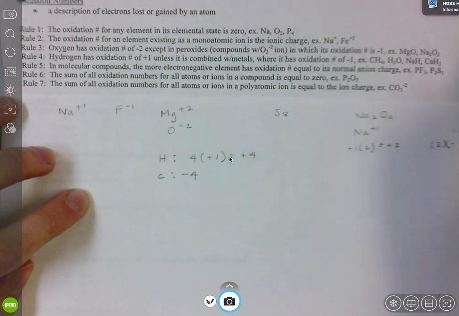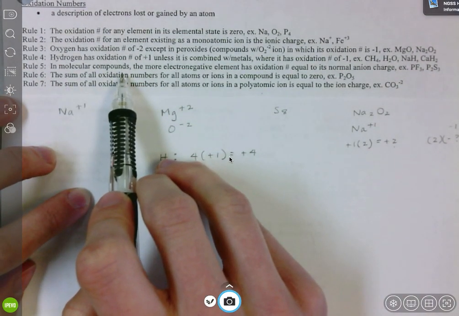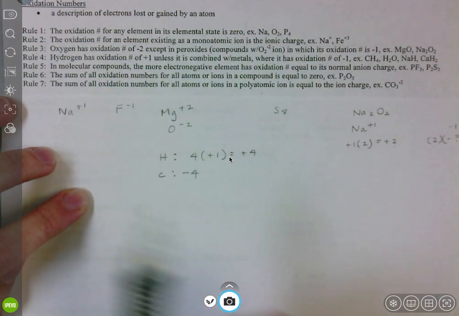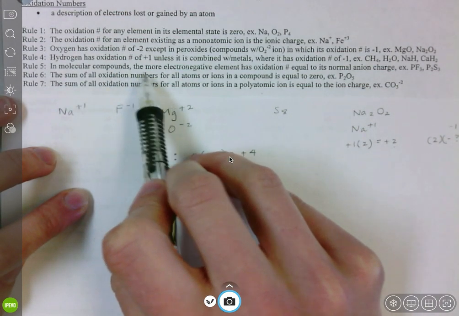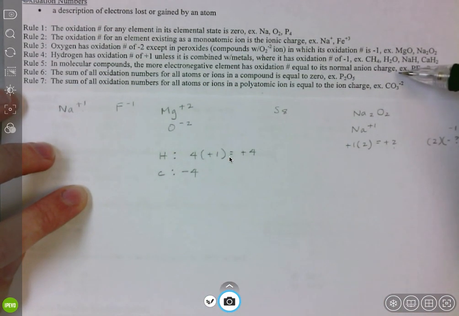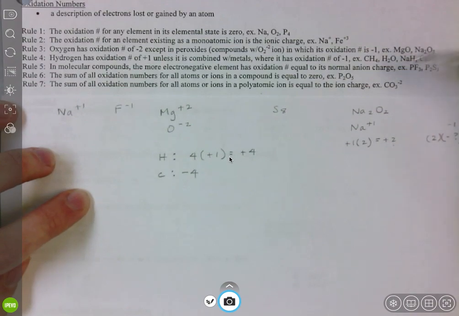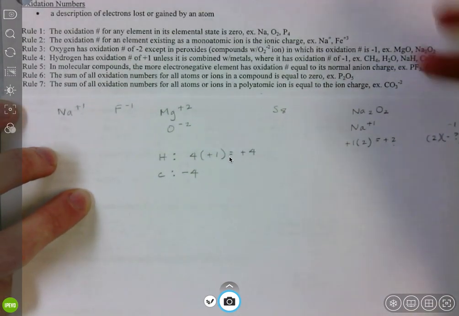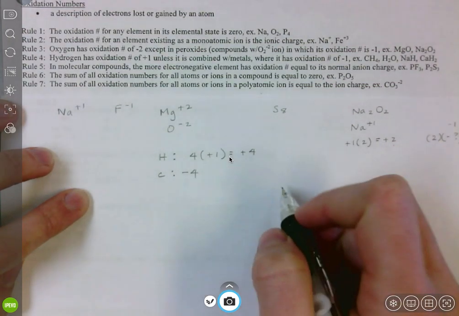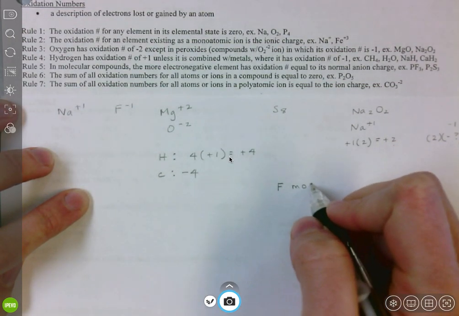Rule number 5: in molecular compounds, which are nonmetals attached to each other, the more electronegative element has an oxidation number equal to its normal anion charge, the charges that we typically assign to them. Fluorine is our most electronegative element.